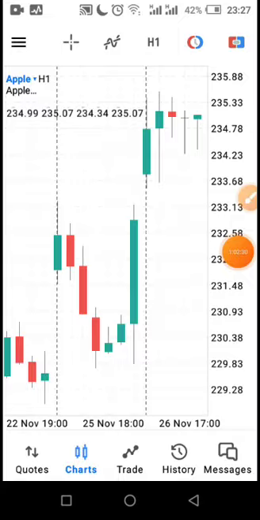It would usually be from 8:30 a.m. to 11 a.m. New York time. But because stocks open an hour later, at 9:30 a.m., you would just be trading from 9:30 a.m. to 11 a.m. New York time.